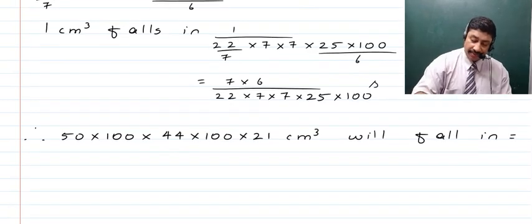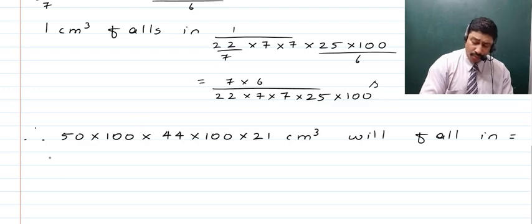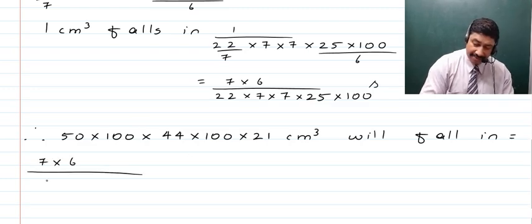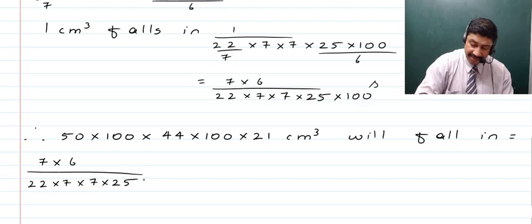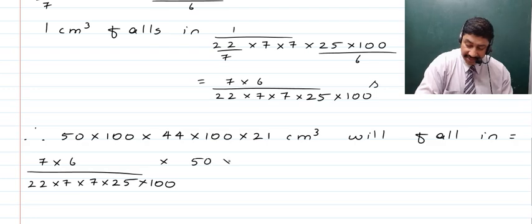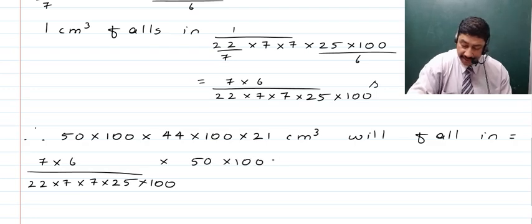That will be now the one which is of 1, that is 7 into 6 divided by 22 into 7 into 7 into 25 into 100, right, which will be multiplied with the new quantity, that is 50 into 100 into 44 into 100 into 21.